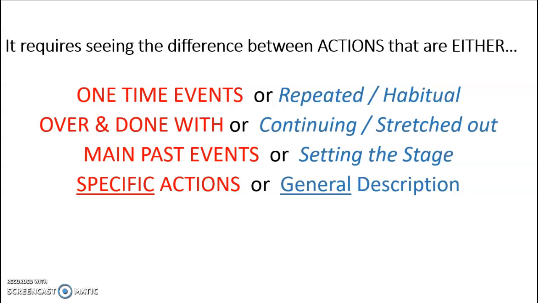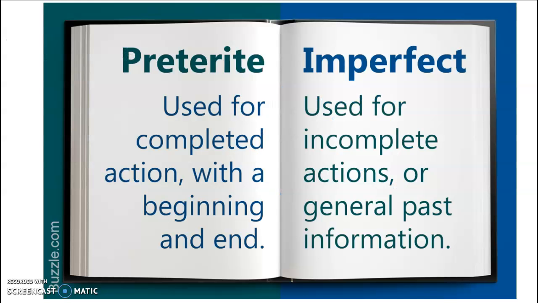Actions are typically either one-time events, or they're repeated and habitual. They're either over and done with, or it's something that's continuing, stretching out over time in the past, maybe even into the present. They are main past events, or something that's just setting the stage as you wait for that main past event. They're either specific actions or just general description, the background.